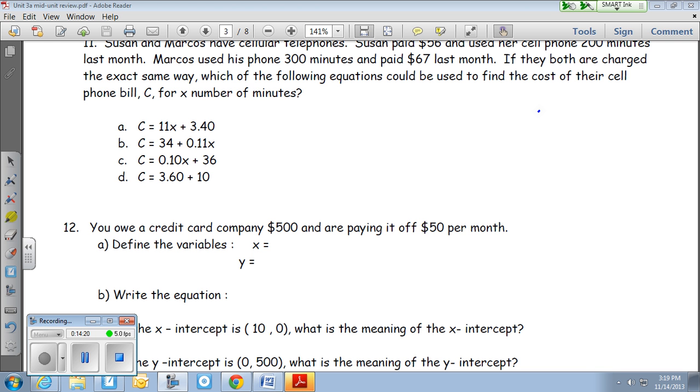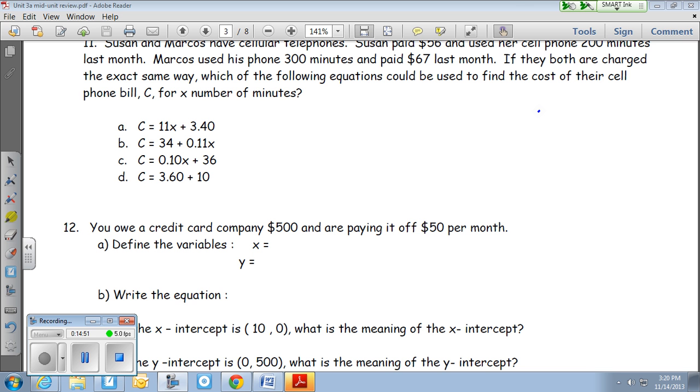If they're both charged the exact same way, so that's basically if they're both charged the same slope, if I was using an equation, which of the following equations could be used to find the cost of their cell phone bill for x number of minutes? All right, so what I need to do is think of those payments and the amount of minutes that they talked. Then I can use those as points on a graph and find the change in my y's over the change in my x's.